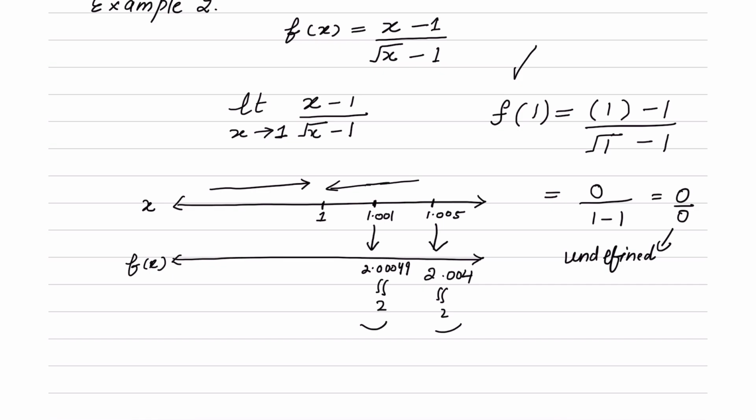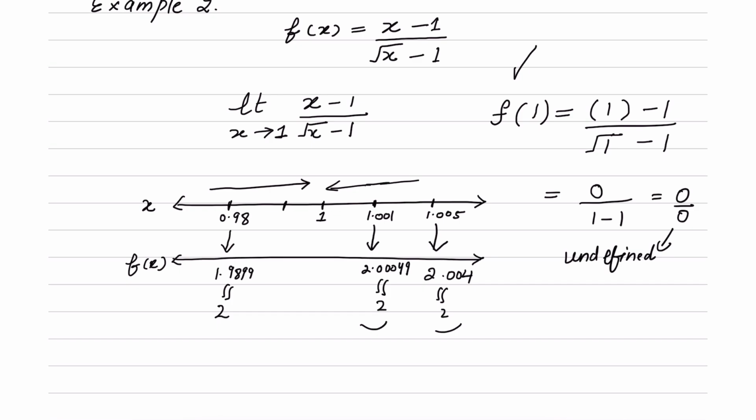Let's pick values closer to 1 but on the left of 1. When we pick, let's say, 0.98, which is closer to 1 but on the left of 1, we get the value of the function as 1.9899, which is approximately equal to 2.